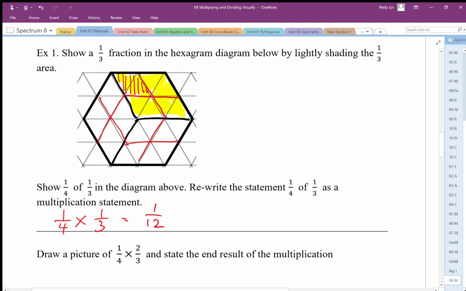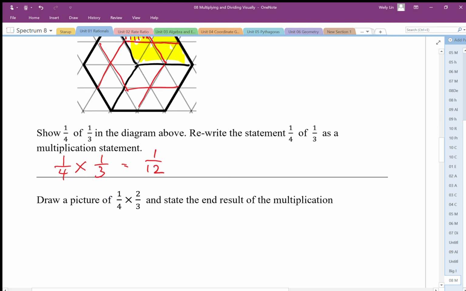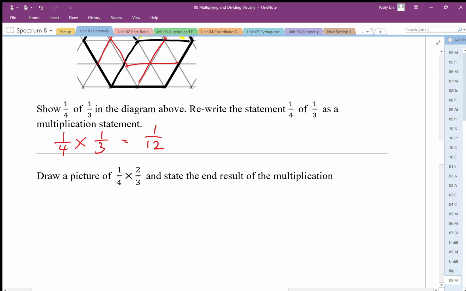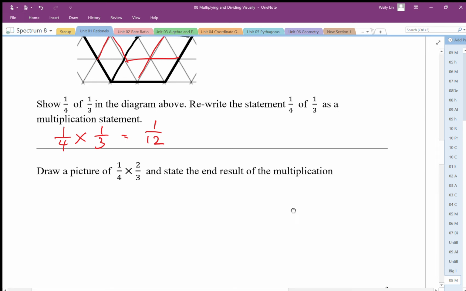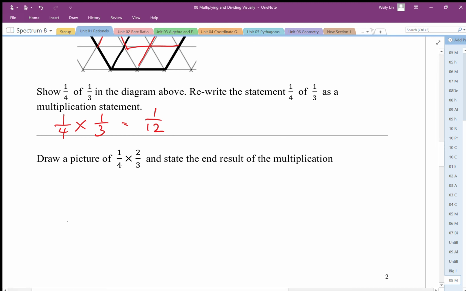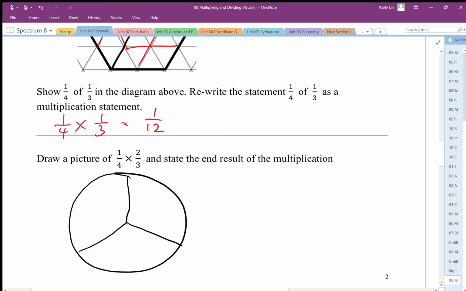So 1/4 times 2/3. We can show this one as a picture, so we can figure out what this should look like. We should end up with 2 twelfths. So what is this going to look like? Well, we can start with a 2/3 fraction. So here's my 2/3.